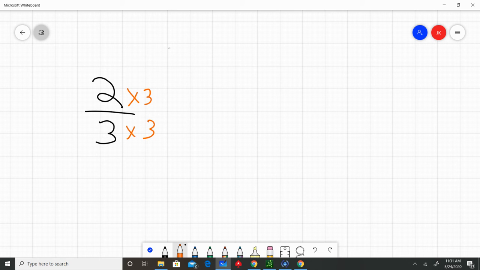Now, I can do that because I used 3 to multiply both the numerator and denominator. So 2 times 3 is going to give me 6. And 3 times 3 is going to give me 9. All right, and that again will be an equivalent or equal fraction.